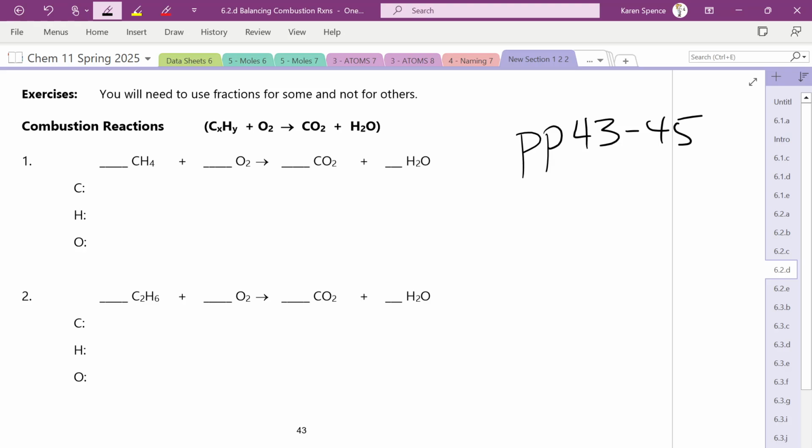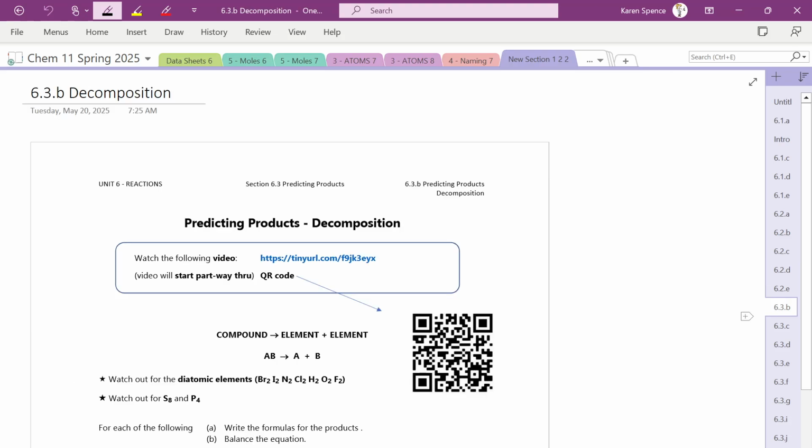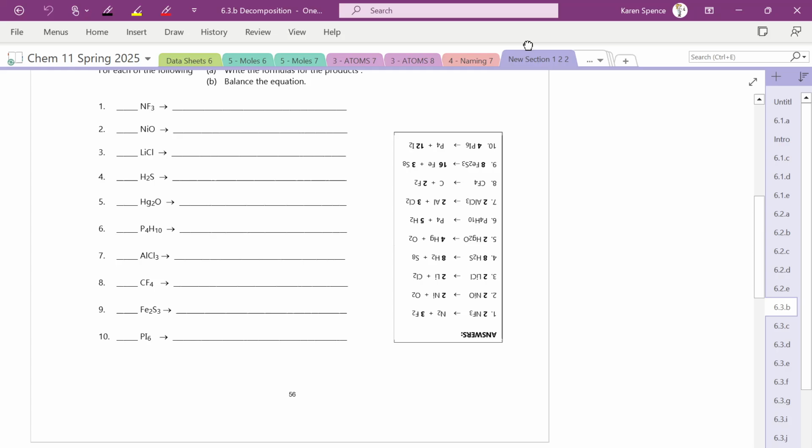Okay, folks. I'll let you have a little more time later to work on those, but I need to interrupt you to learn how to predict some products. So we are going to go to page 56.